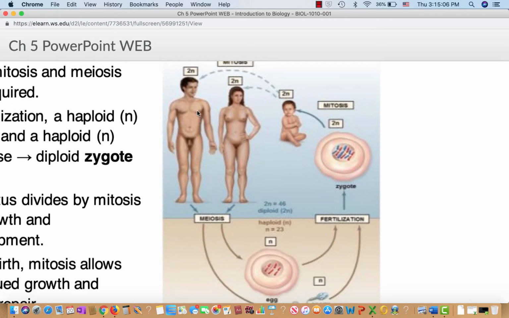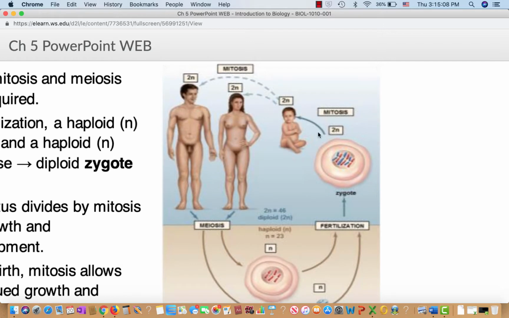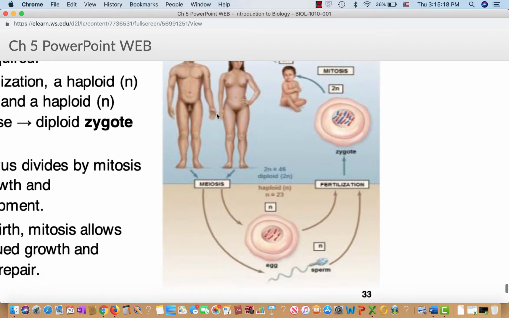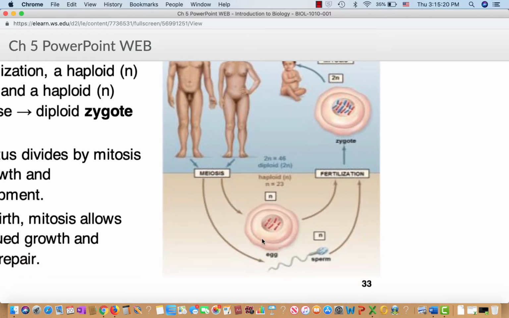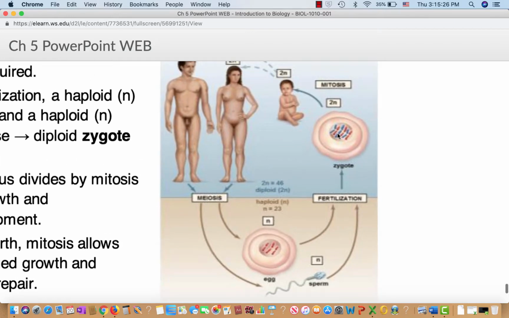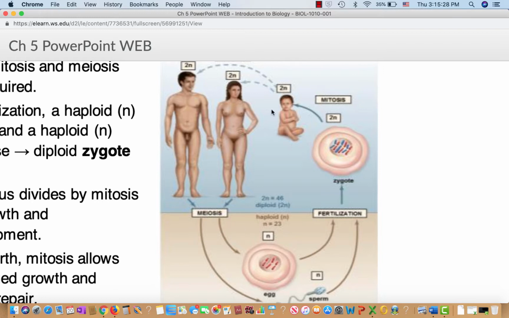Mitosis takes you from a zygote to a baby. The baby then continues mitosis until it reaches adulthood. Then you would use meiosis to produce your gametes, and then the gametes fuse to fertilize and produce a new zygote, and so on and so forth.